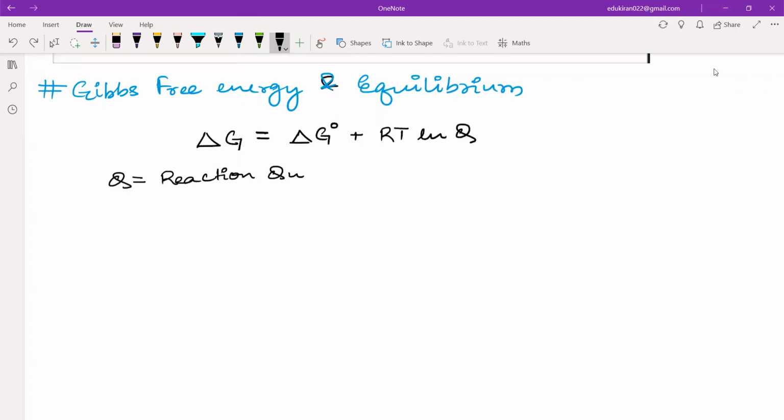What's the spelling of quotient? Q-U-O-T-I-E-N-T. Reaction quotient. What does that mean?